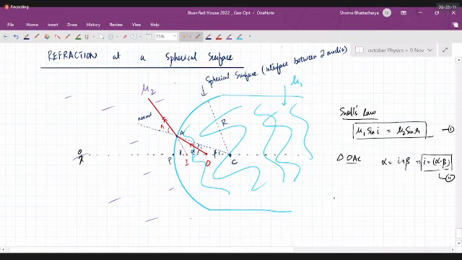And further, if we take the triangle IAC, then we can see that gamma will become R plus beta. So this is our third equation.